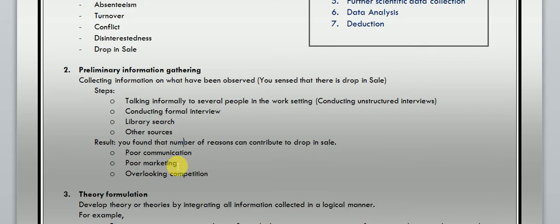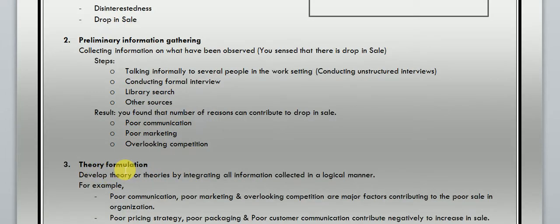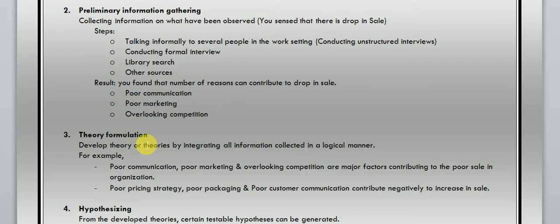Okay, next, dear students, the third step is called theory formulation. Now in this, look, you develop a theory or theories by integrating all the information collected in a logical manner. For example, the information you have collected, that is poor communication, poor marketing, and overlooking competition, you try to integrate in a logical manner, just to make a theory out of it.